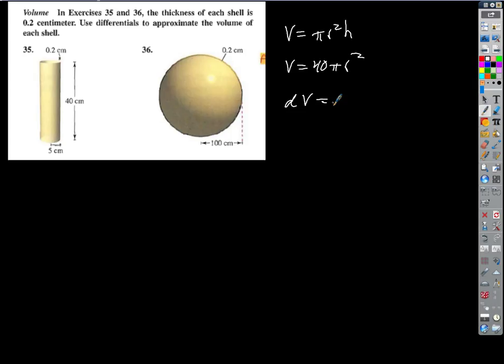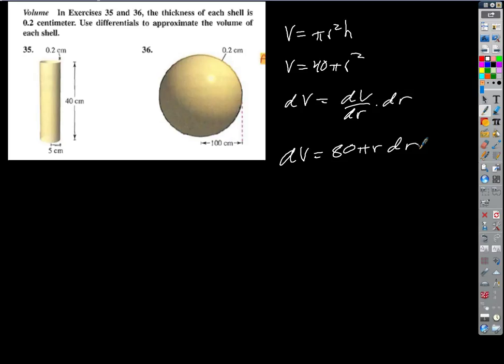That's just going to be dV/dr times dr, isn't it? So it's the derivative times dr. If we write this in differential form, dV equals dV/dr times dr. So that's 80 pi r dr, right?